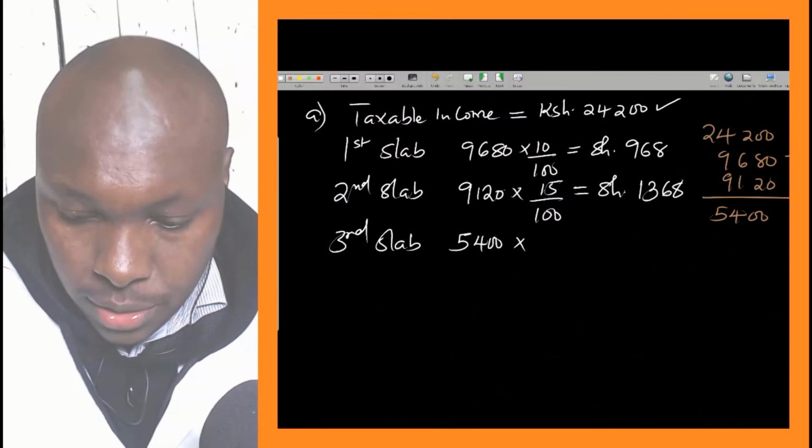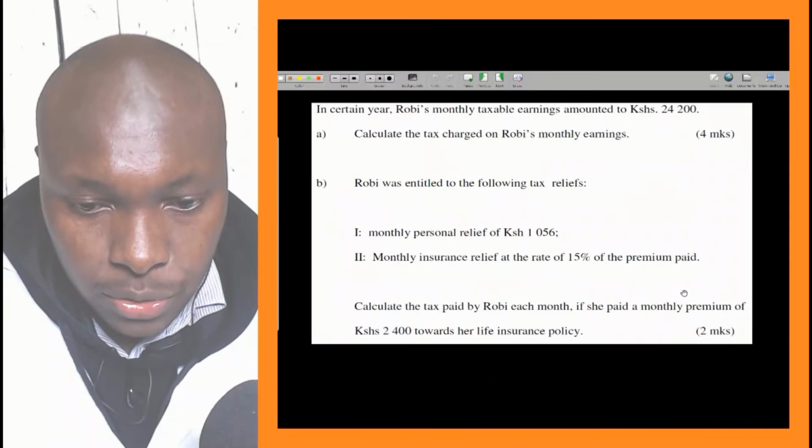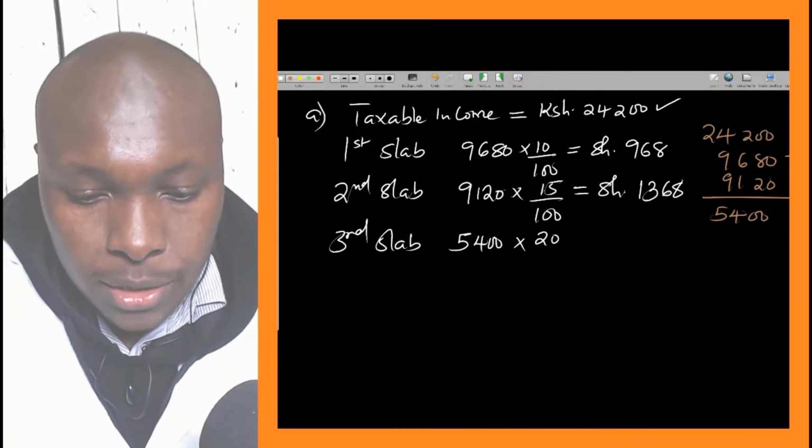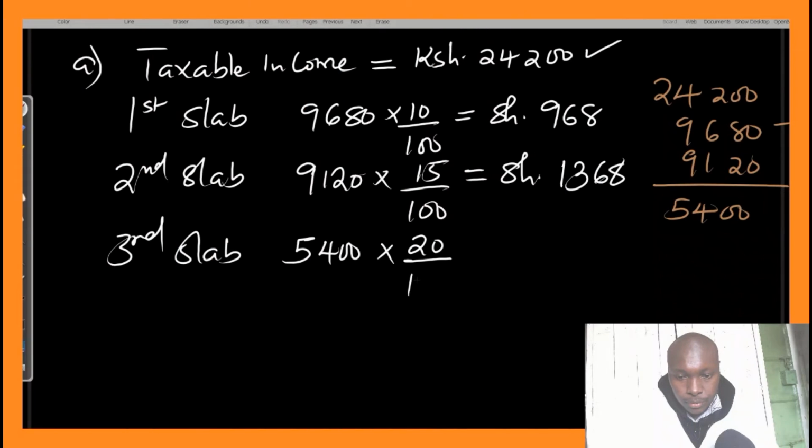Then the tax in that bracket is 20%. This will give 5,400 times 20%, which is 1,080. Now we have taxed the whole amount up to 24,200.